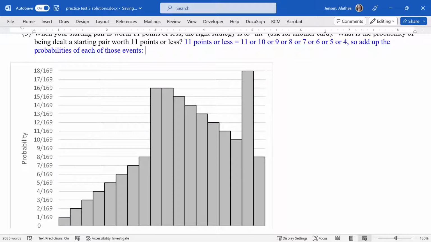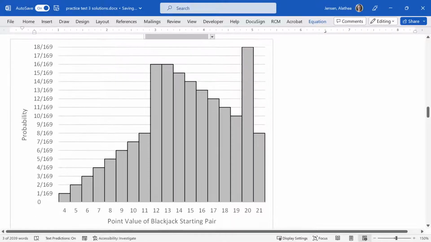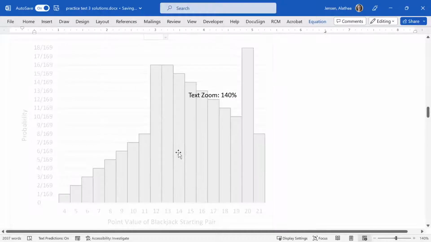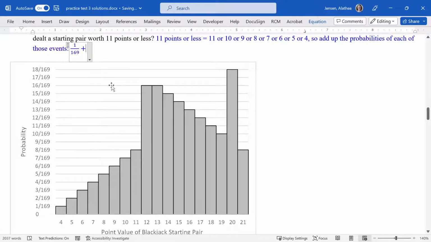All right, so you're going to do probability of 4 is 1 out of 169, plus probability of 5 is 2 out of 169. Probability of 6 is 3 out of 169. And it looks like they just go up one by one.